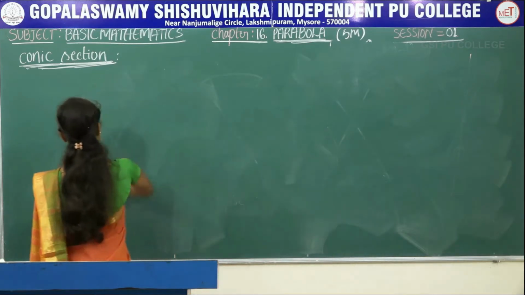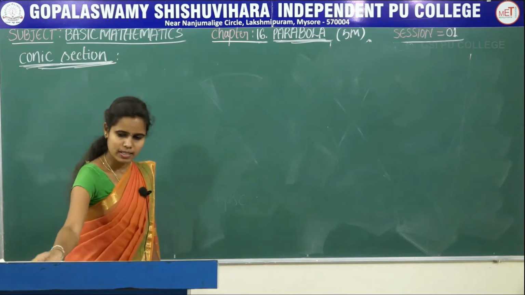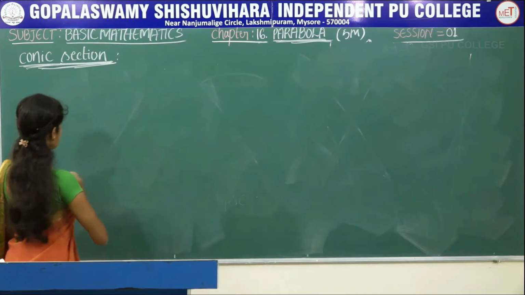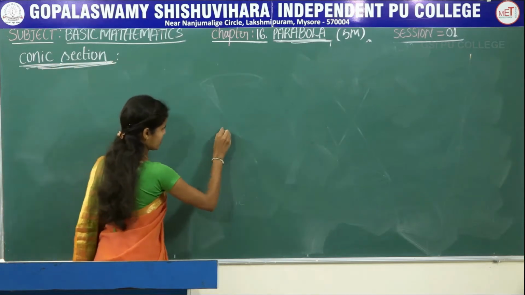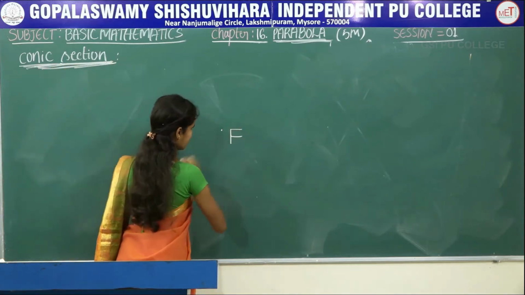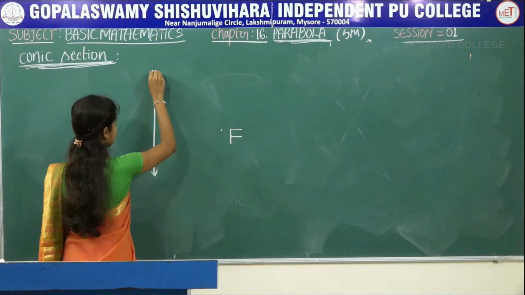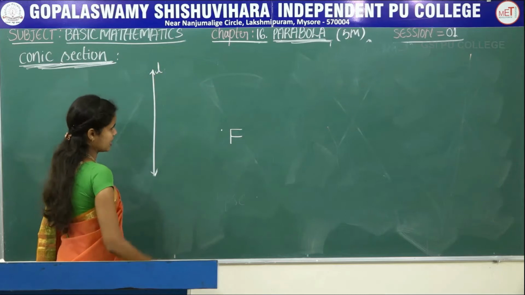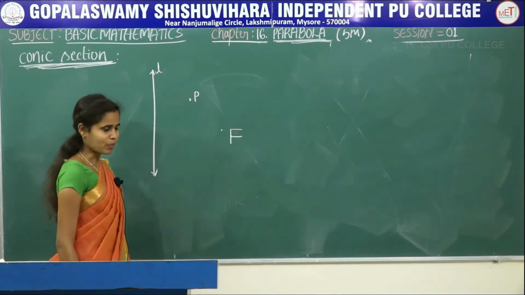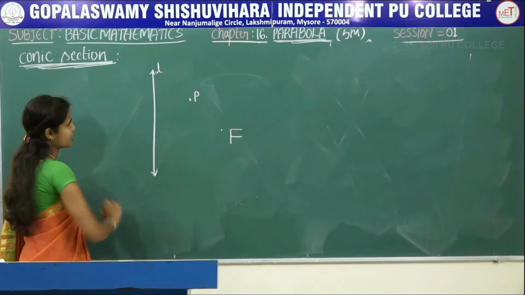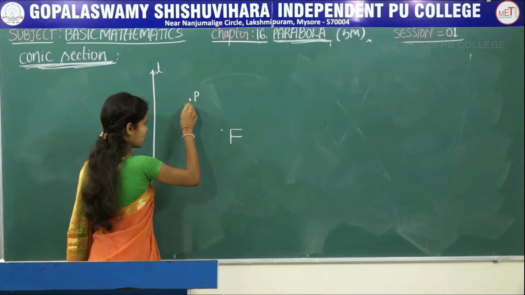So the analytical definition of conic sections: first consider a fixed point F and a fixed line L. This is the fixed line L, and then consider an arbitrary point P, which is a moving point.